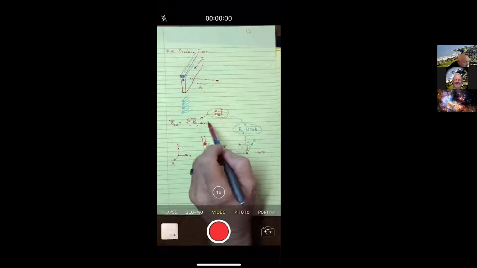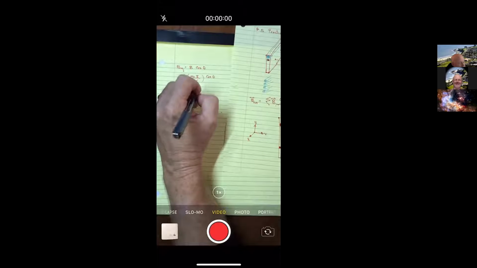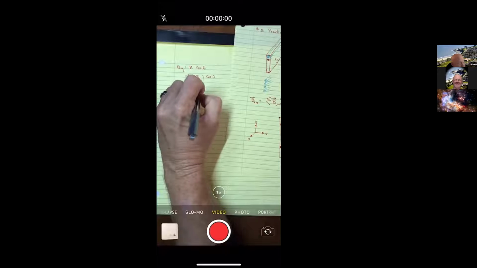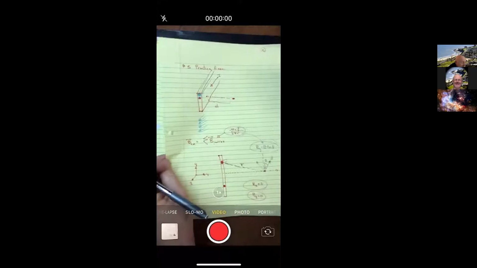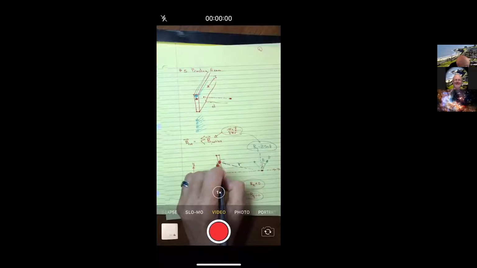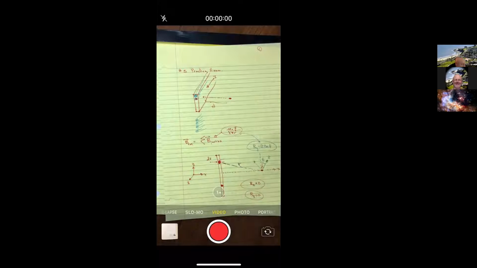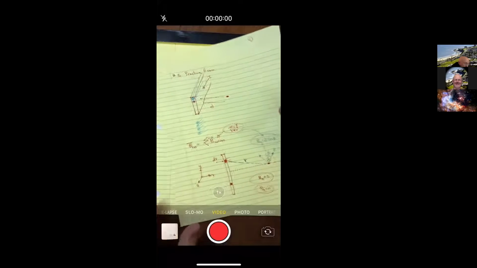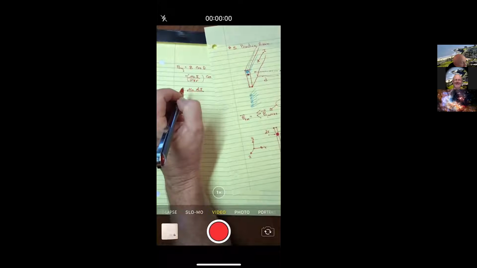So I'm going to come back over here and call this, kind of using my calculus, a DI, a small amount of current. The whole current is I, but this little piece right here is a DI. So how much of the whole current? Like I said, that's just a little piece.